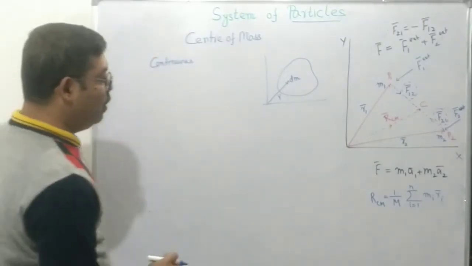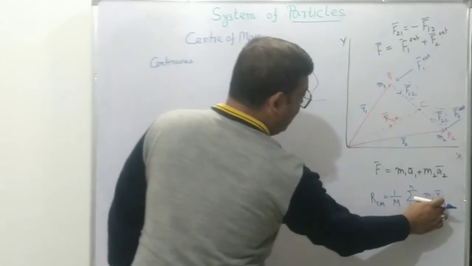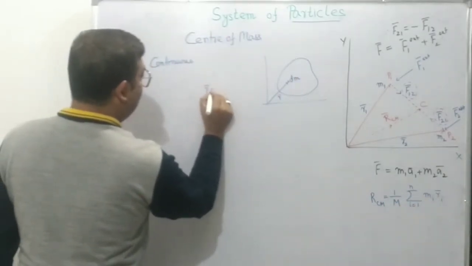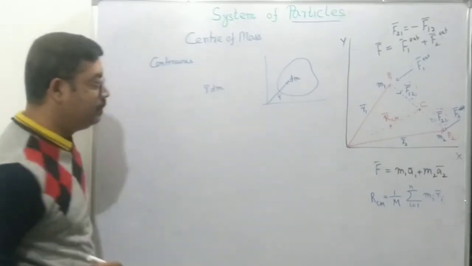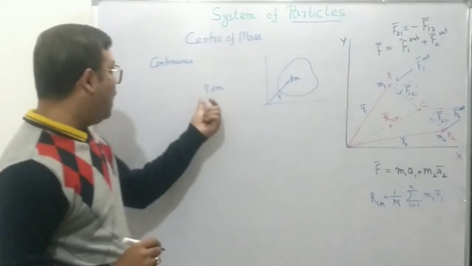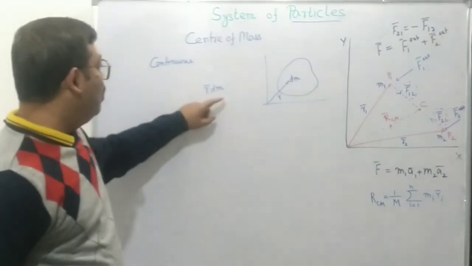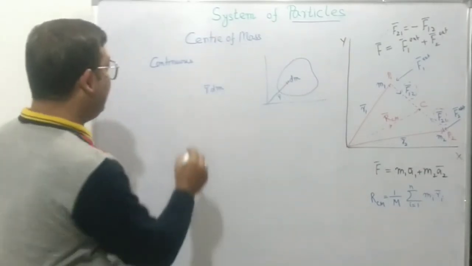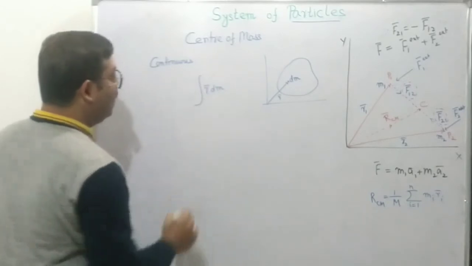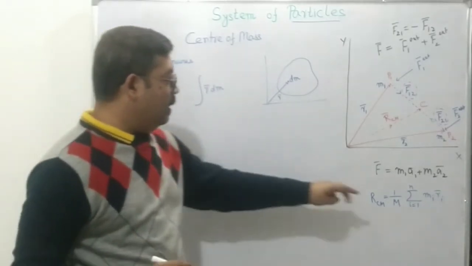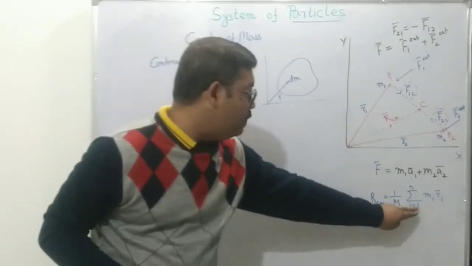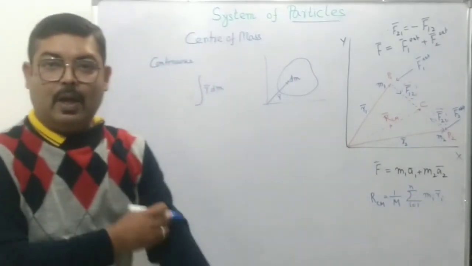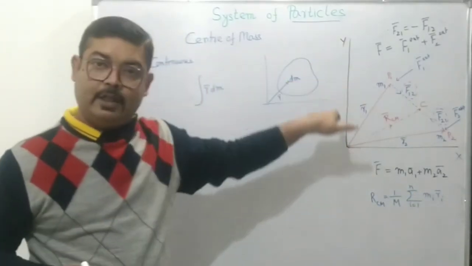Okay, so instead of m1 r1 we will have now r dm, r multiplied by dm, and then we will integrate it over the entire body. If we integrate it over the entire body, we will get the equivalent of summing the mi into ri over the entire discrete body.